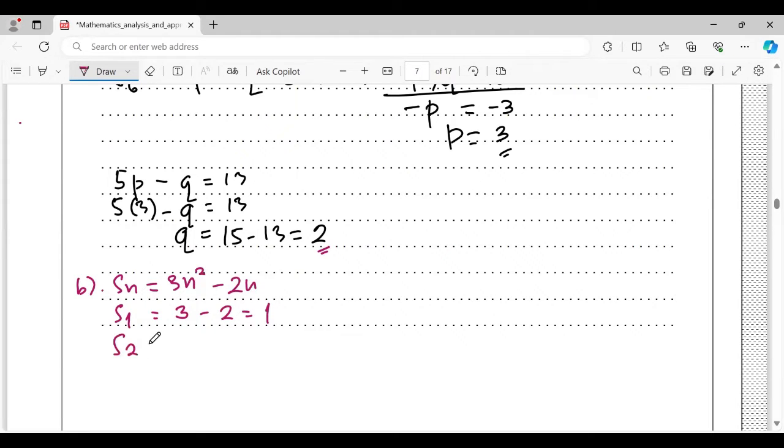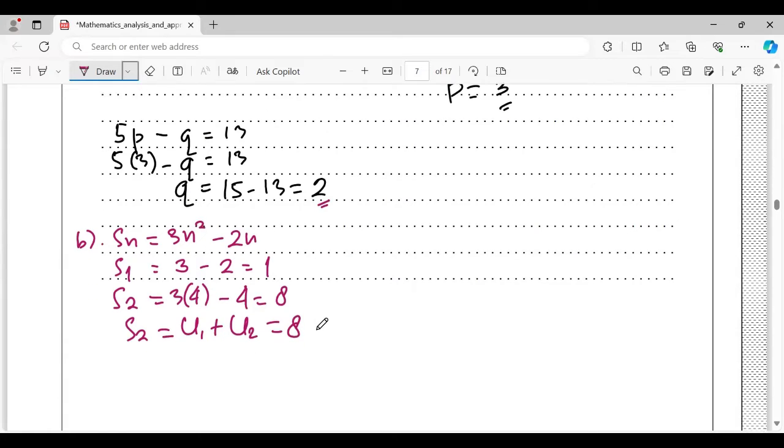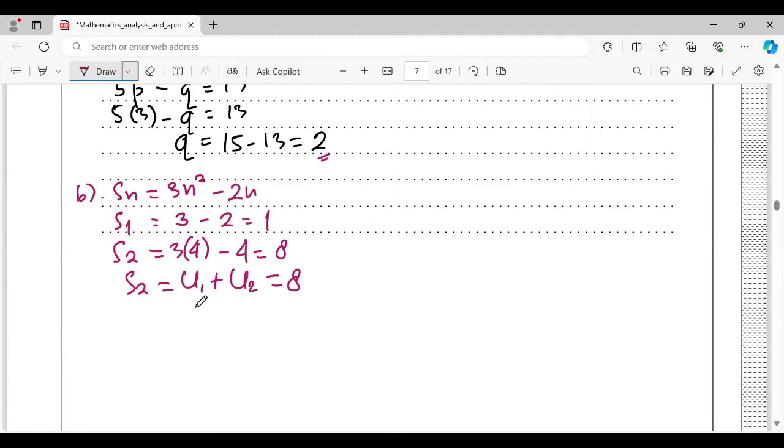And S2 equals 3 times 4 minus 2 times 2, which is 12 minus 4, is 8. So S2 equals U1 plus U2 equals 8. U1 is 1, because U1 equals S1 equals 1. So U1 plus U2 equals 8, U2 equals 7.